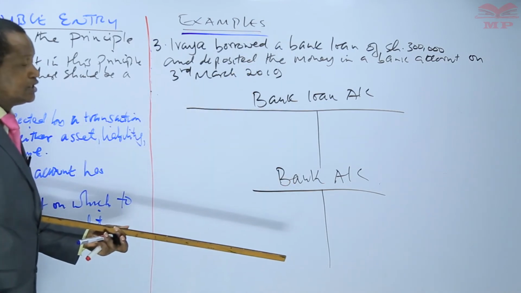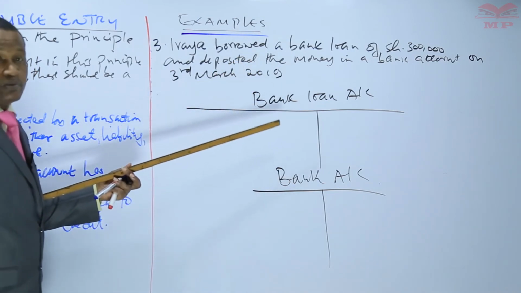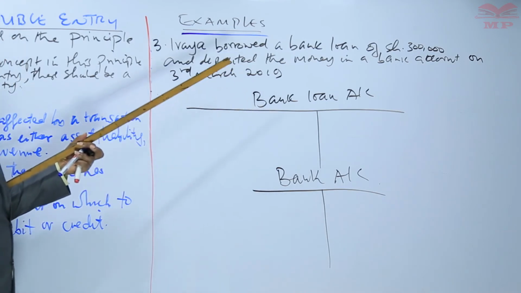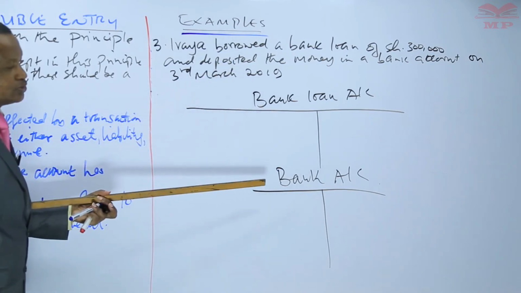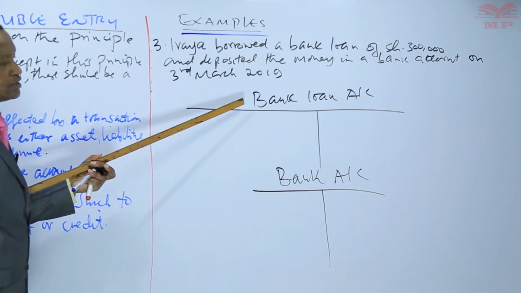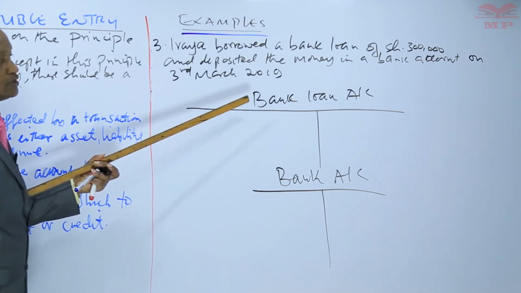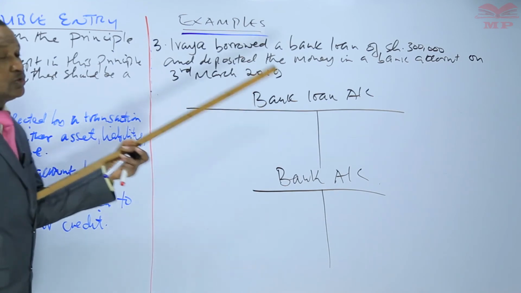Step number two is to classify these two accounts. Is this an asset, a liability, capital, expense, or revenue? Bank loan.